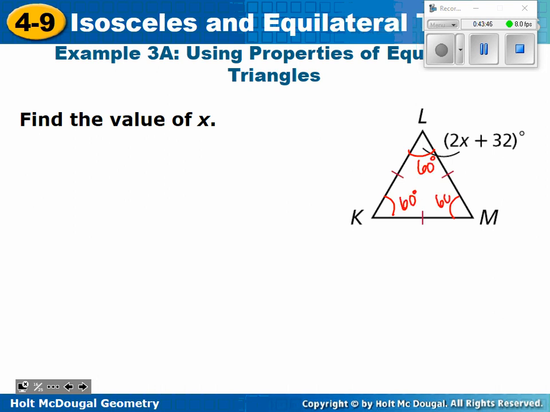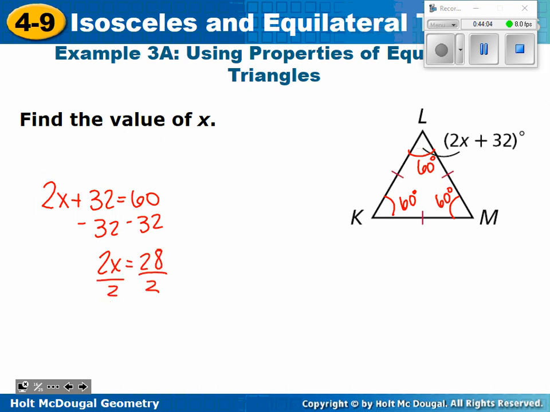Okay, so if we keep that in mind, what could we write down here to solve for x? Exactly. And then we have a simple algebra problem. Subtract 32. So 2x is equal to 28. Divide by 2. And what is x equal to? 14. And this time, that's all they asked you for was x. So x is 14, and you're done.